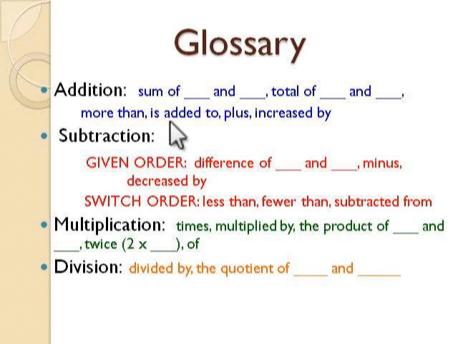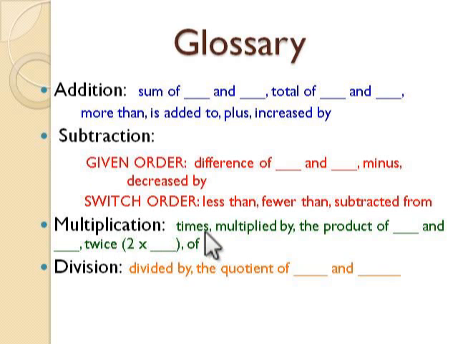T is added to 5, t plus 5. T plus 5, t plus 5. T increased by 5 will also be addition, t plus 5. So if you see any of these phrases, you know that the operation part will be addition.